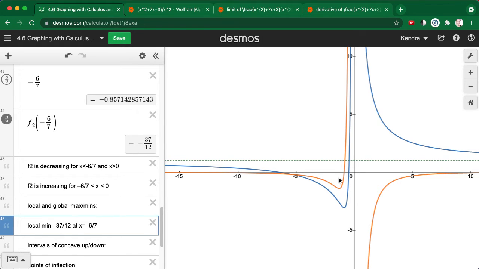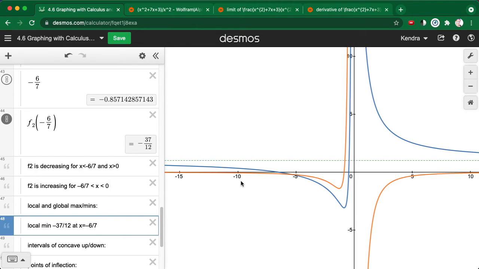And we can also see that some of the x values are positive to the right of 0, and we confirmed that there are no other roots of the function, so the function never gets below the x-axis there, and it definitely never gets below that negative 37/12 for x to the right of 0.